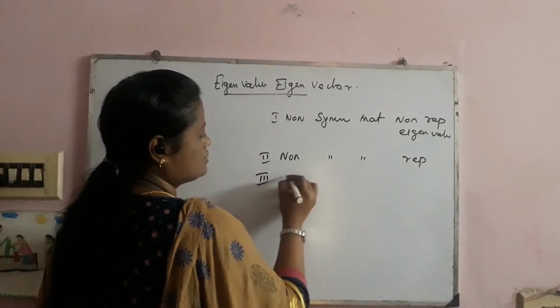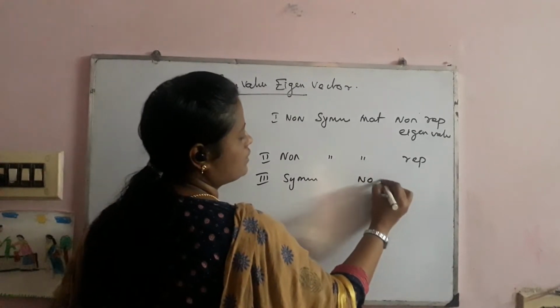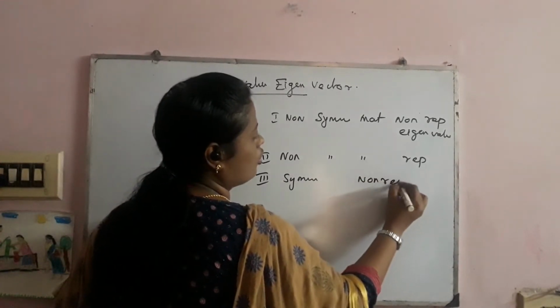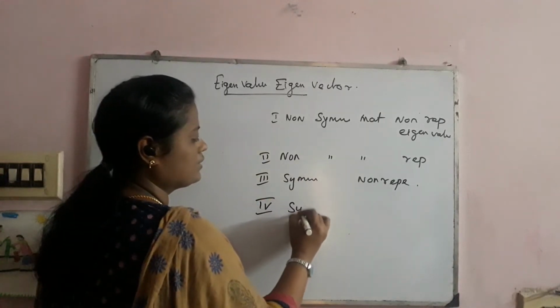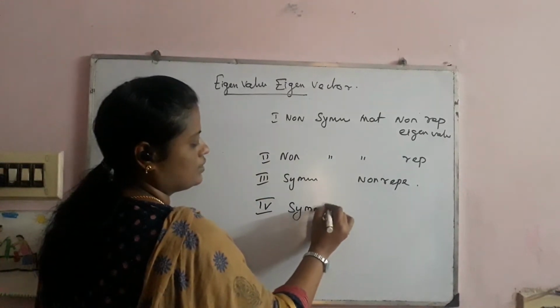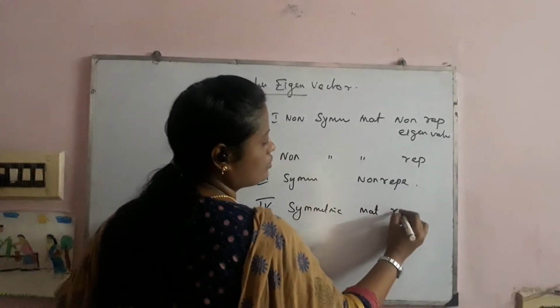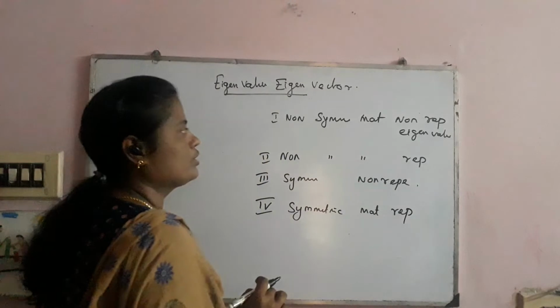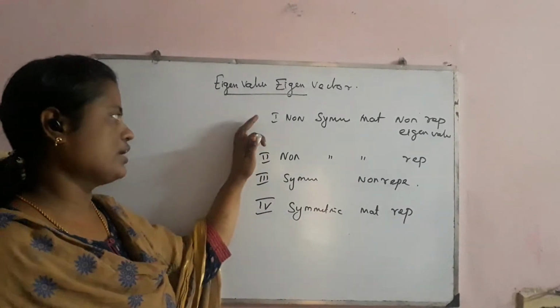Third one is symmetric matrix, non-repeated eigenvalue. And fourth method is symmetric matrix, repeated eigenvalue. So we have four methods for finding eigenvalue and eigenvector.